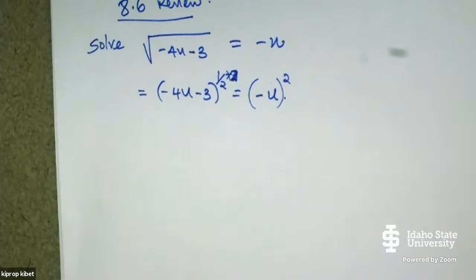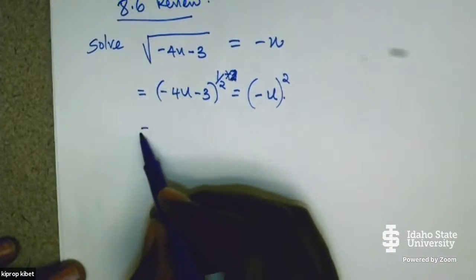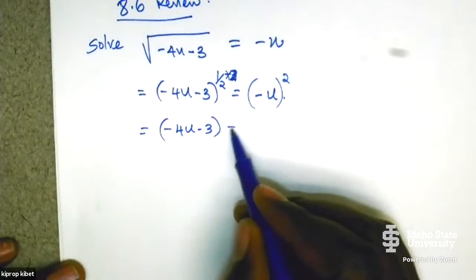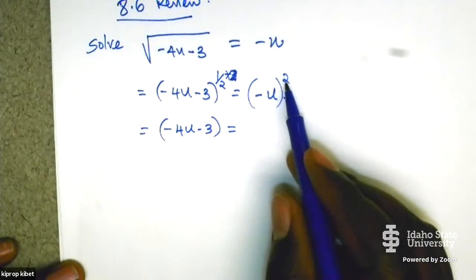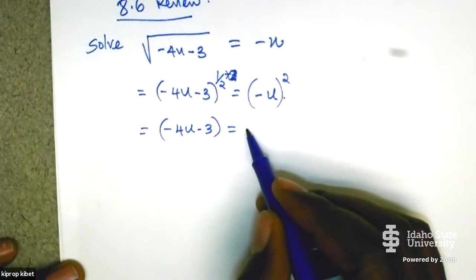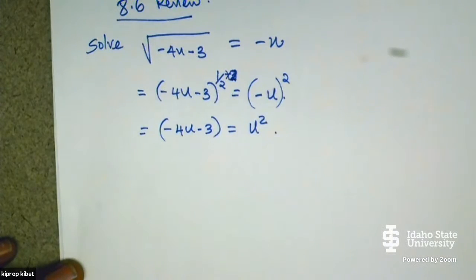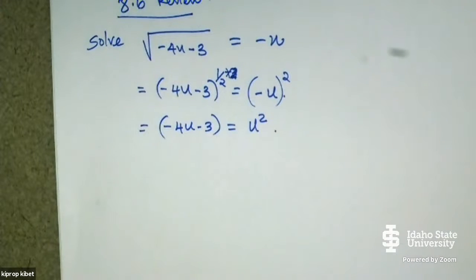So this is equal to negative 4u minus 3 equals, when you apply the square to all of this, u squared. Why is it a positive u squared?